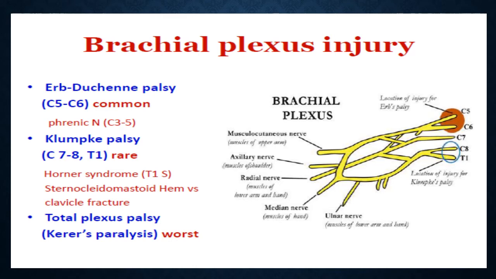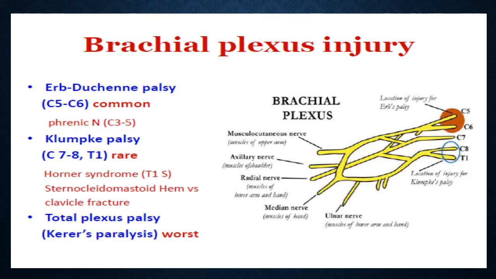The first type is the Erb-Duchenne palsy. When the injury happens in cervical 5 or cervical 6, commonly the phrenic nerve, coming out from cervical 3 through cervical 5, can also be included in the injury.